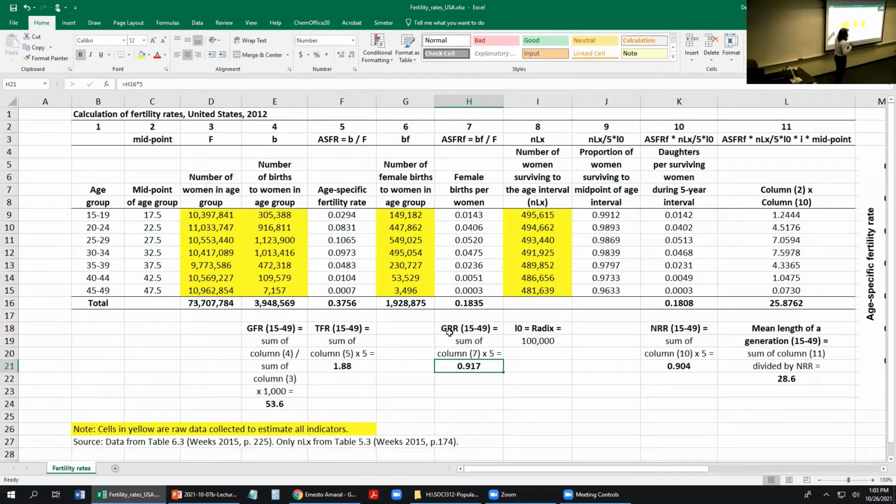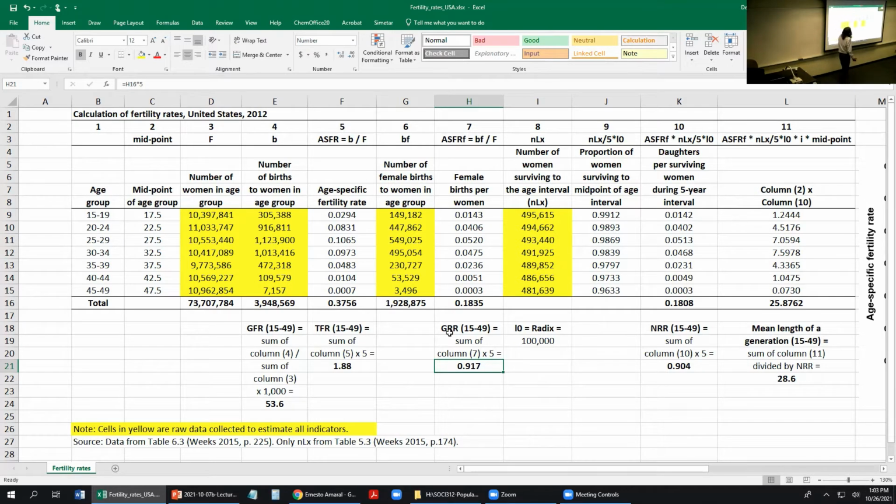We already have the age-specific fertility rates that take into account only female births that we used for the gross reproduction rate. We're going to use it again. You're going to pretty much multiply this column here, the age-specific fertility rates that take into account only female births, by this proportion of women who will experience those rates.